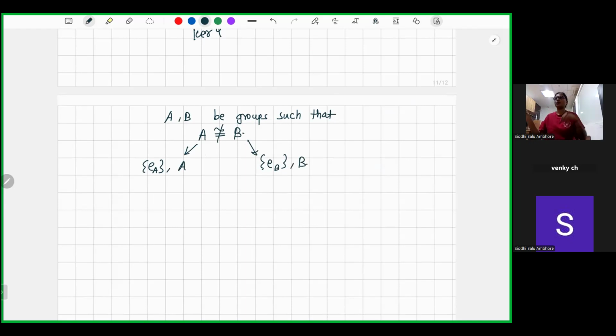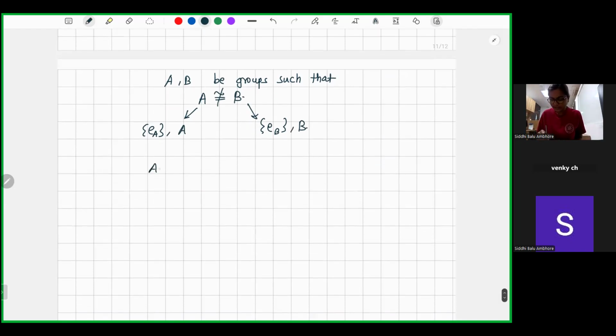For any group, the trivial group and the group itself are normal in it. So I can take simply A quotiented by A cross B quotiented by EB, and here A quotiented by EA cross B quotiented by B.